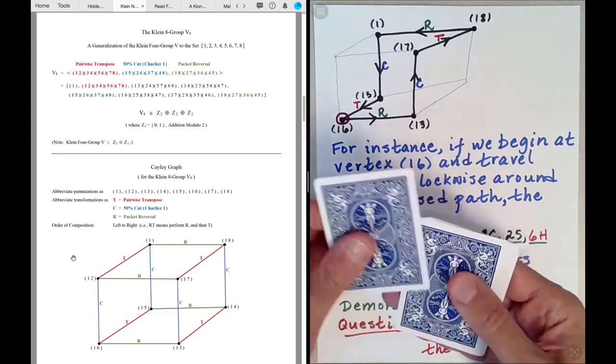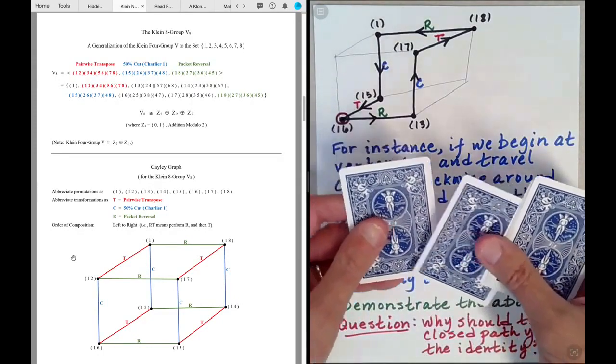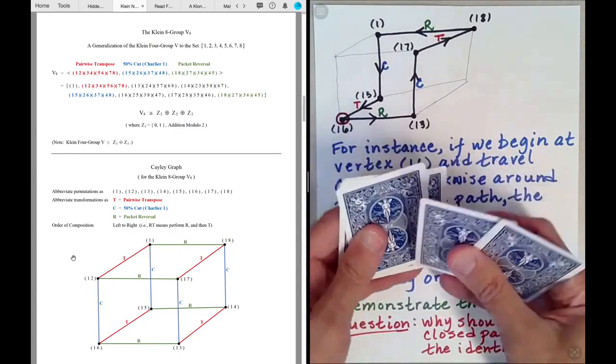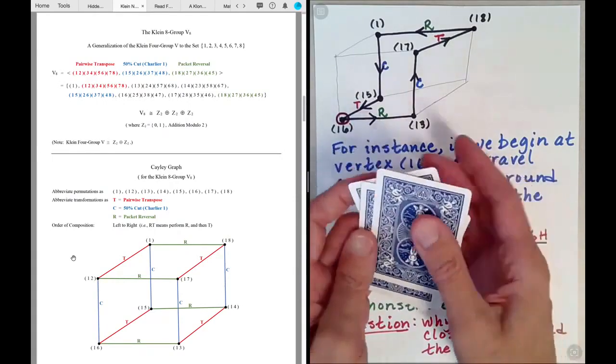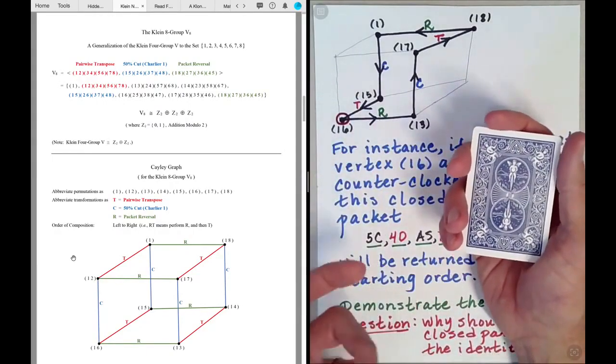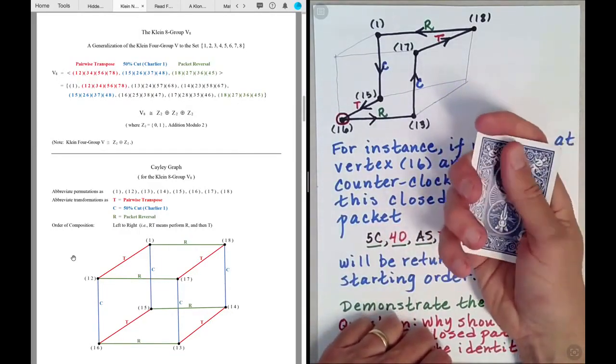So this is where you push over the top, pushing over one at a time. So bottom to top, top to bottom, bottom to top, top to bottom, bottom to top, top to bottom, bottom to top, okay? That is equivalent to just cutting the cards in half. As hard as it is to believe, that is actually the case.